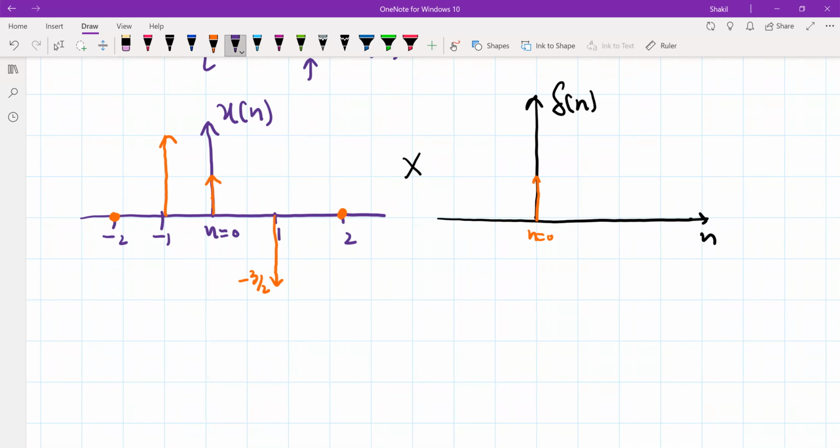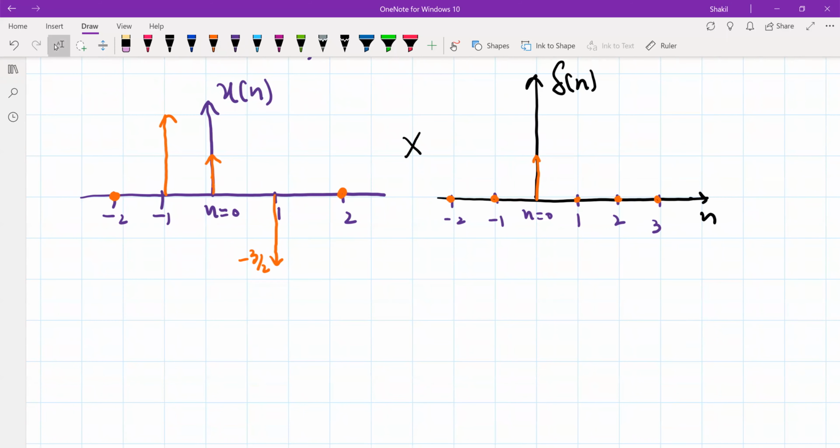At the rest of the points, the value of the sequence is 0. So at n equal to 1, the value is 0, at 2 the value is 0, at 3 the value is 0, and so on. It's non-zero only at n equal to 0 point.